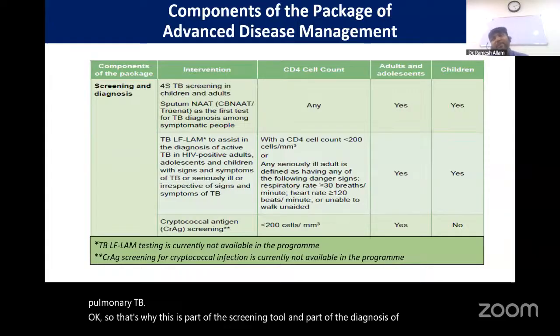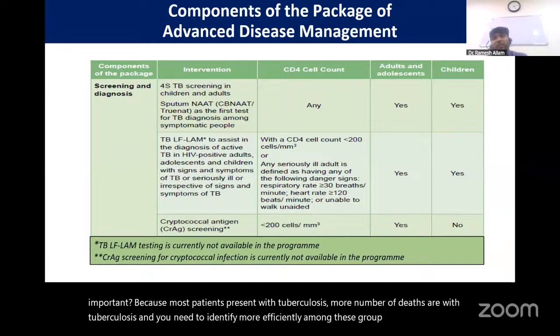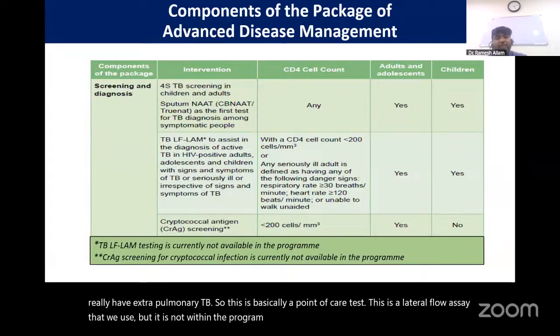Why is it important? Because most patients present with tuberculosis, more deaths are due to tuberculosis, and you need to identify more efficiently among these patients who really have extrapulmonary TB. So this is basically a point of care test. This is the lateral flow assay that we use, but it is not within the program now. Whenever it comes, that's what is part of the guideline.